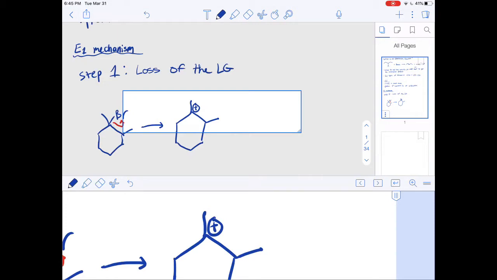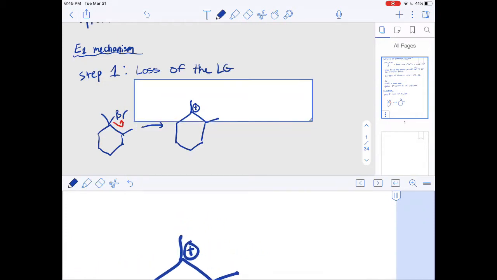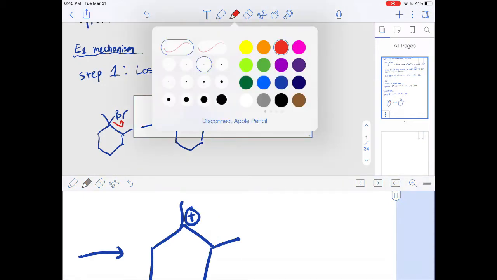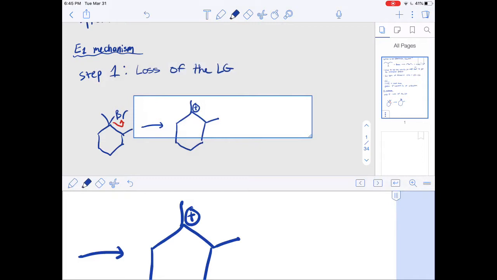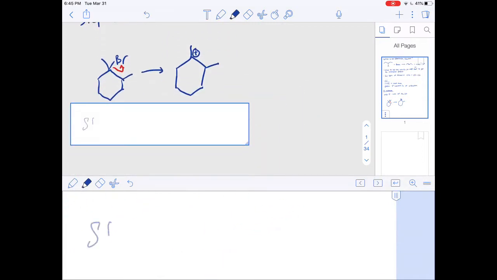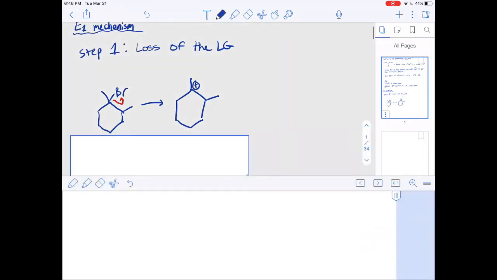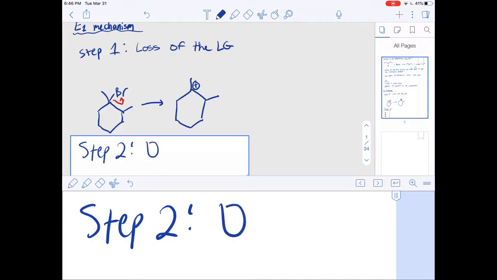And in this case, you're going to deprotonate. Normally you could potentially have a hydride shift in this case, if you wanted to, but it would actually create the same thing because these are both substituted with a methyl. But what's going to end up happening here, which is different than the SN reactions, is that step 2 is going to be deprotonation.